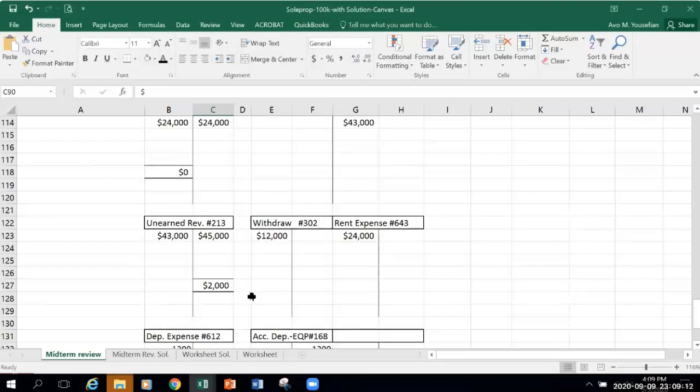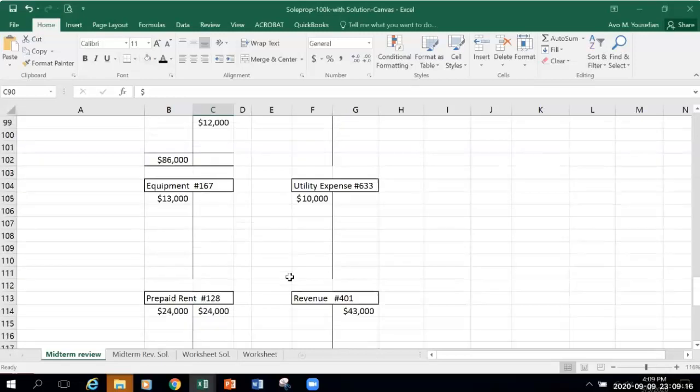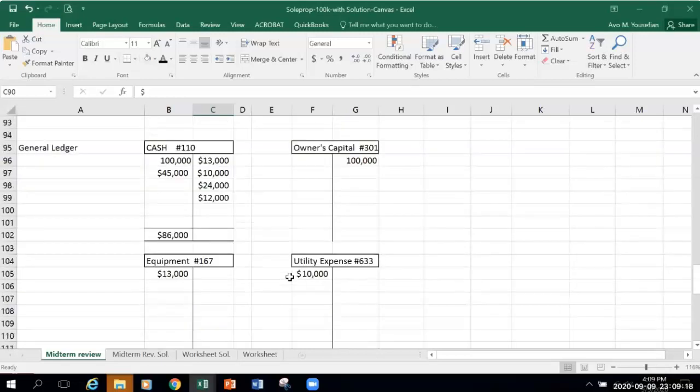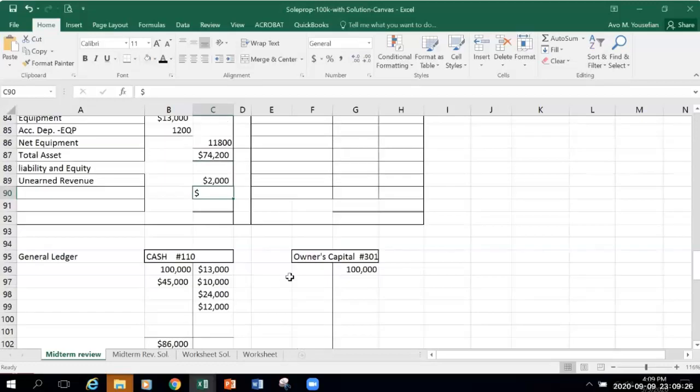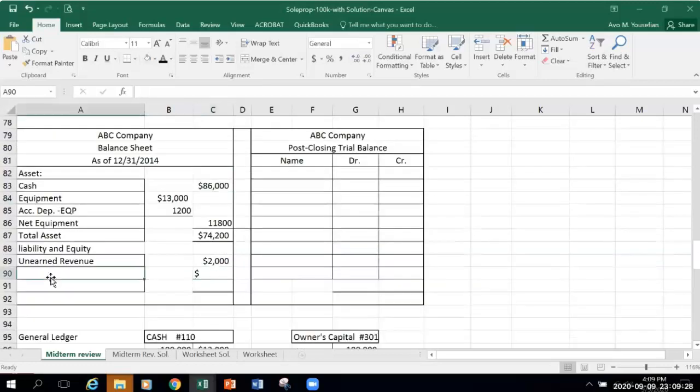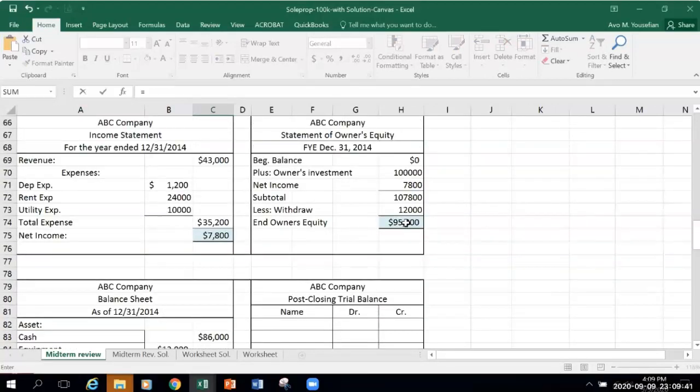Okay. I took care of withdrawal already, so the only thing left is owner's capital. So owner's capital equals, this is where it comes from here.